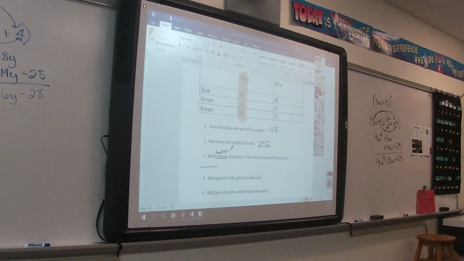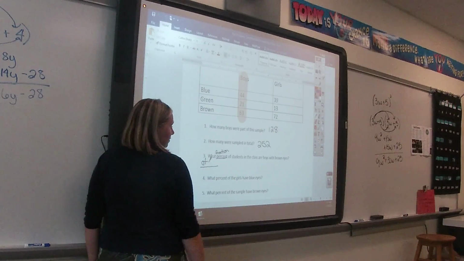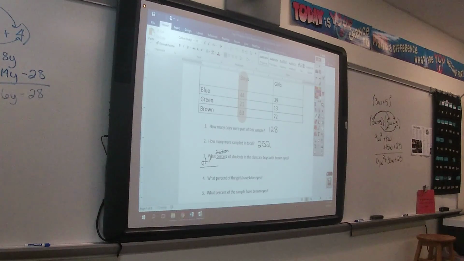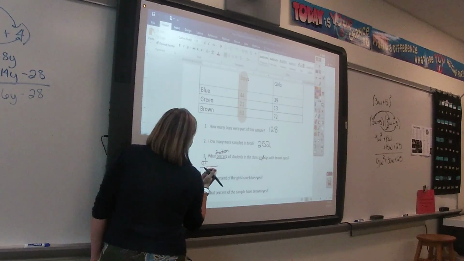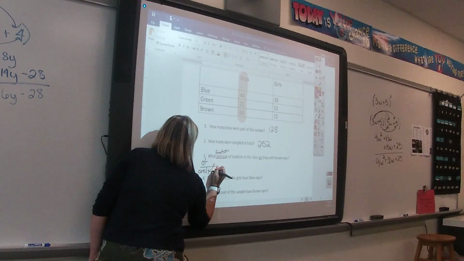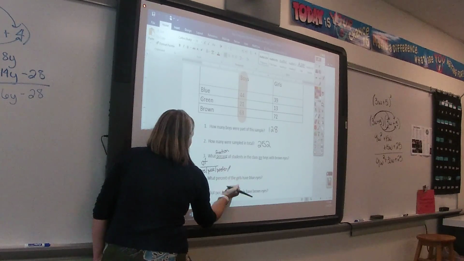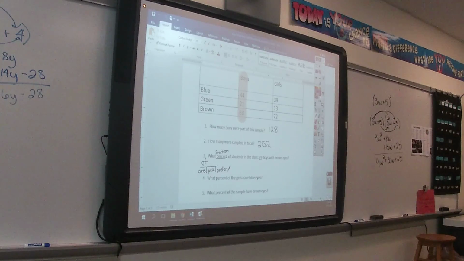The number on the top of the fraction is always what follows the word of. Whatever goes on the bottom of the fraction is sort of our verb, or prepositional phrase, depending on the wording.